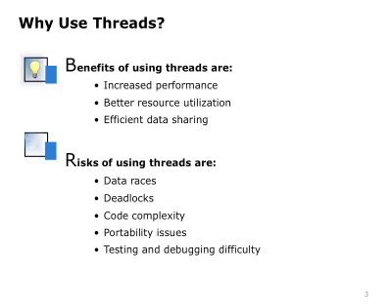Why do we use threads? There are many benefits. Some of them are, for example, increased performance. Also, because of multiple threads, you can better utilize the resources. Some threads can be doing computation, and some threads can be doing data access or I/O operations.